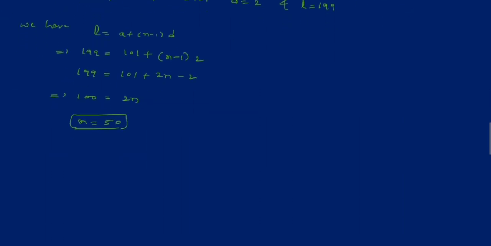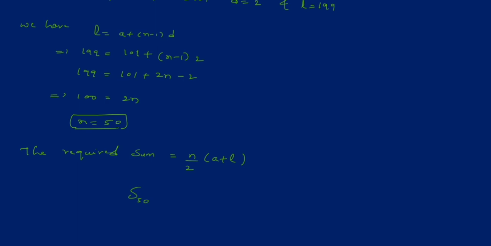So the required sum, which is equal to n upon 2 times (a plus l). The n value is here 50, right?